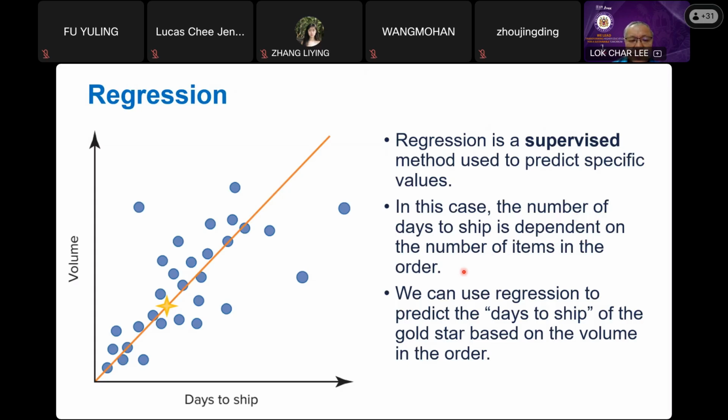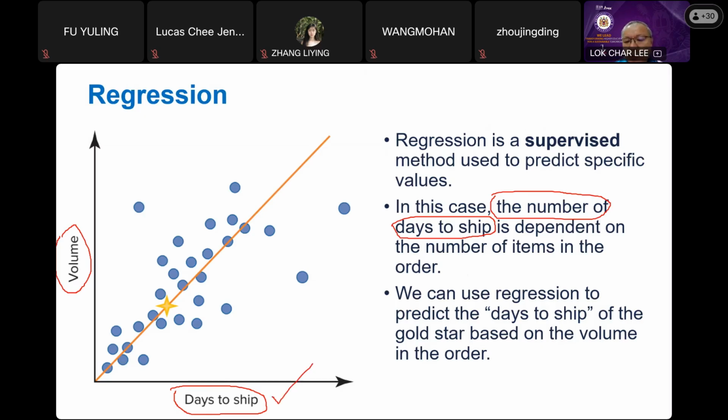Okay, so class, I must tell you, based on this kind of explanation, one of these is the dependent variable. The number of days to ship is supposed to be the dependent variable.